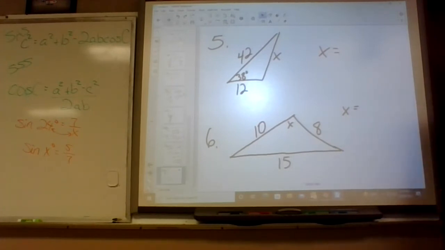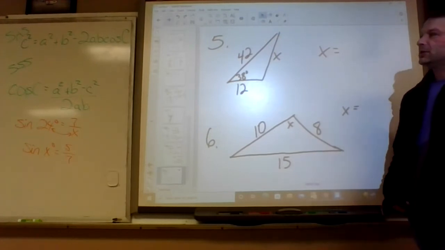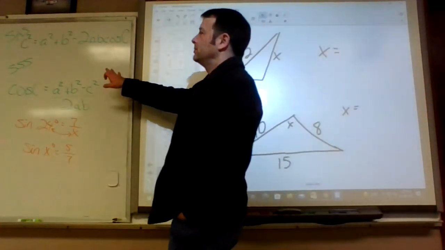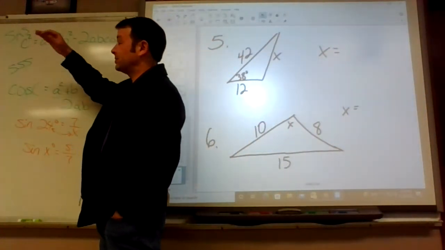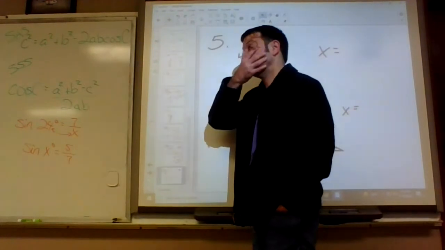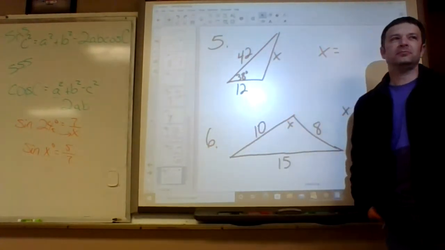Does that mean you have to find the angles then? You only need one angle. You have to find x, which is a side. For side-angle-side, you plug this in with cosine. That's all the cosine.